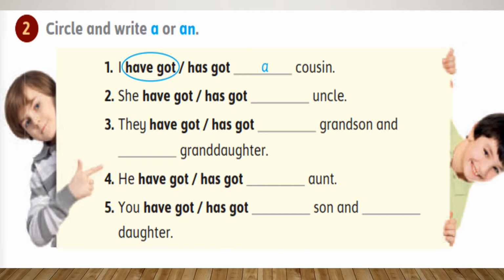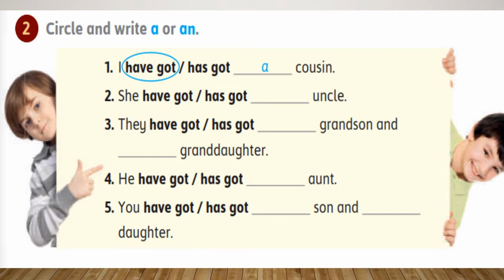Perfect. Now, what you need to do is to circle and write a or an. You know that we use a when a noun starts with a consonant, but we use an when a noun starts with a vowel.